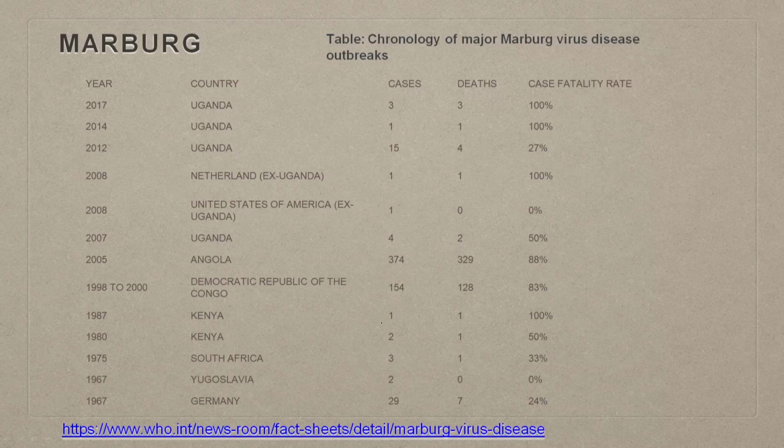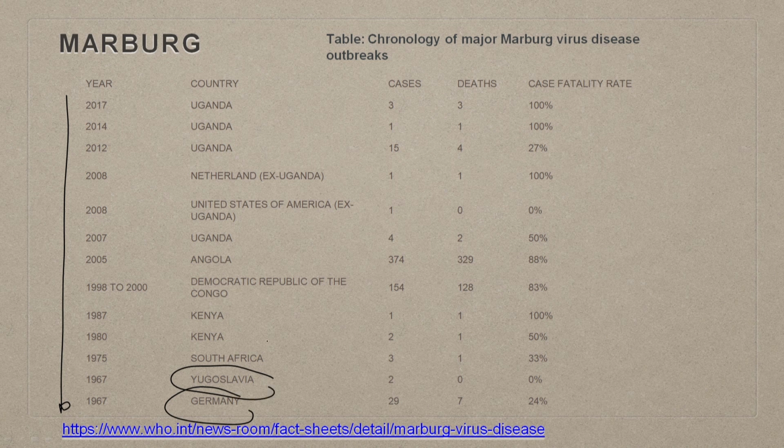Okay. Now, in terms of the Marburg, which is pretty similar to the Ebola and almost in the same family, these are the years, in reverse order, when it has appeared time and again. Starting from 1967 in Germany and Yugoslavia, which is no more and has now broken down into different other countries, then South Africa, Kenya, DRC, Angola.